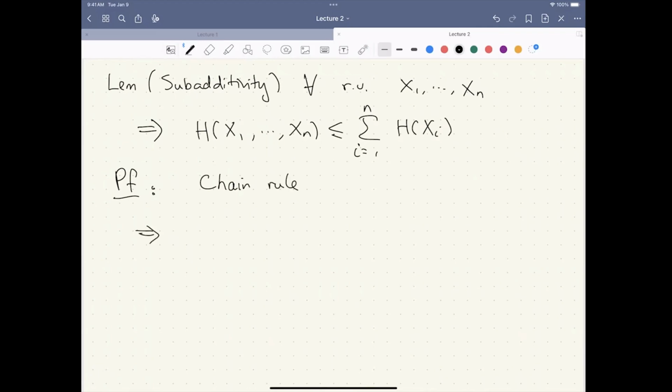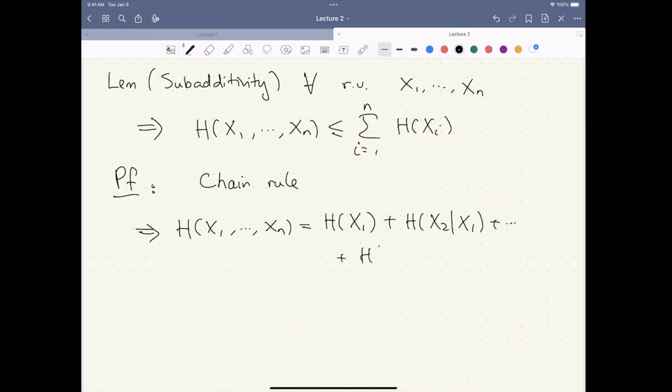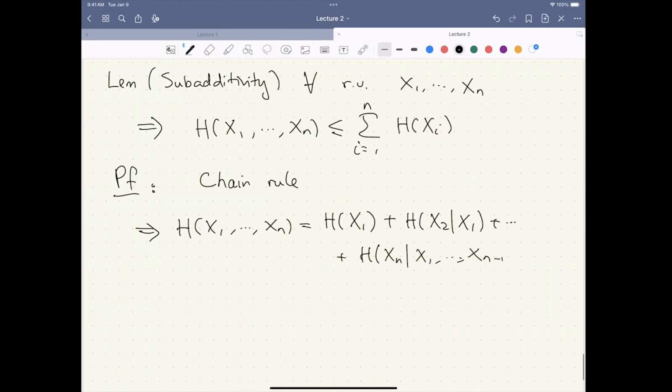Let's recall. It says that the entropy of this random vector equals h of x1 plus h of x2 given x1 plus and so on, plus h of xn given x1 to xn minus 1.